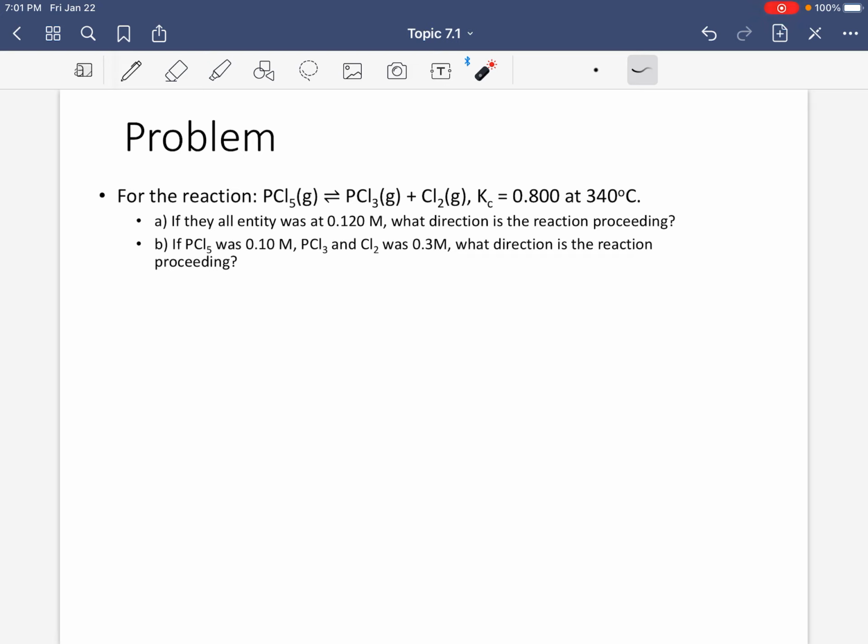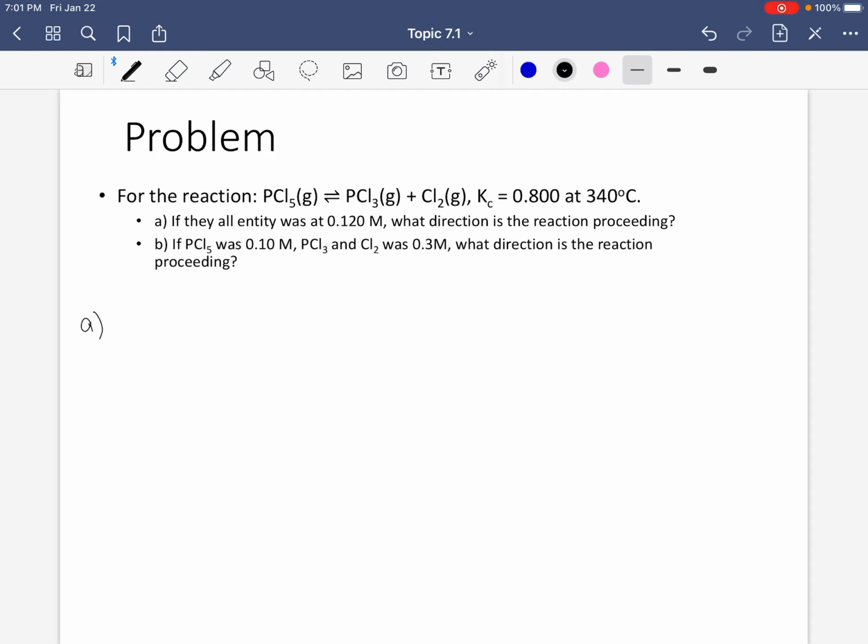This is actually an equilibrium reaction, meaning that with enough of these, going too far away from Kc, you're going to go backwards. Let's take a look to see if this scenario goes forward or backward. So let's do question A. It says if all the entities were at 0.12 molar, what direction is the reaction proceeding?